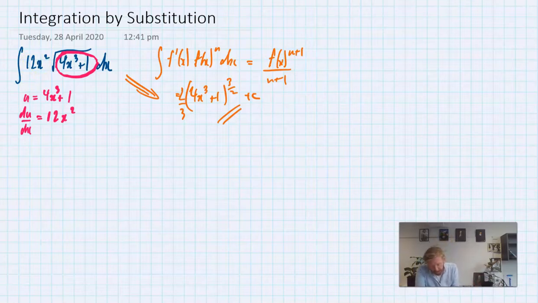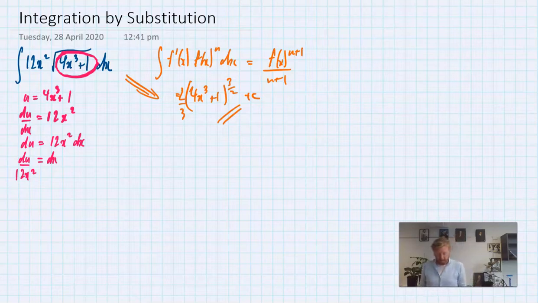Now I want to rearrange this term here for dx. So I want to times that dx up and divide by all of that. I'll do it in two steps, okay? Du equals 12x squared dx. Dx equals du on 12x squared.